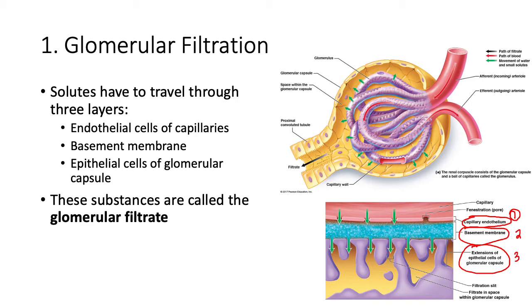So we have to have basically a lot of pressure that can really push these solutes, as shown by the green arrows, out of the glomerulus and into that space within the glomerular capsule. But once all of this material is here, we then refer to those solutes as filtrate. And that filtrate is what will eventually become urine.